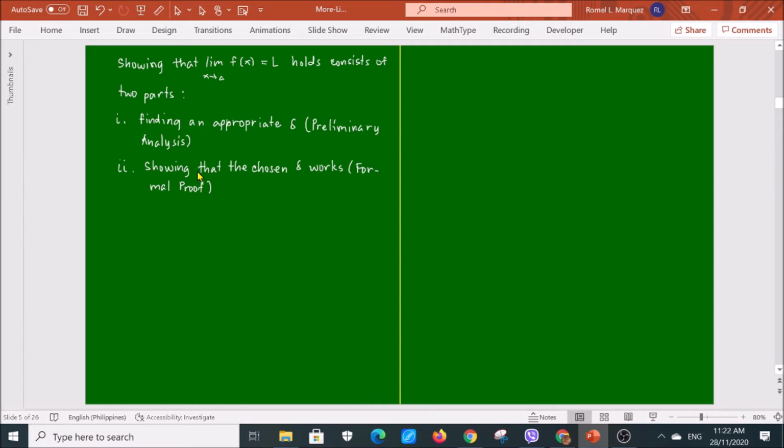So let's say you are asked to prove that the limit of 3x minus 2 as x approaches 2 is equal to 4. So using delta epsilon definition. By the way, the formal definition is sometimes called delta epsilon definition of limit of a function.